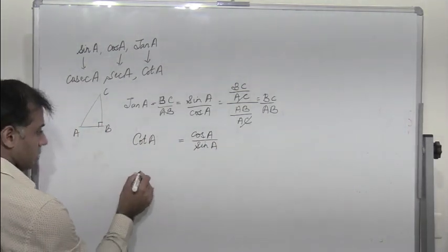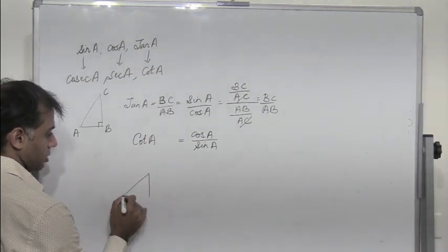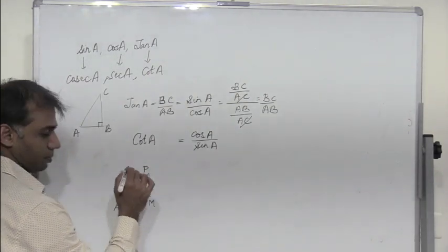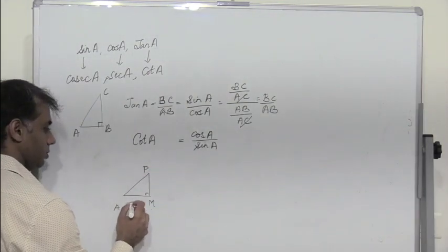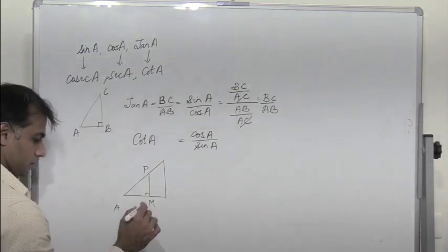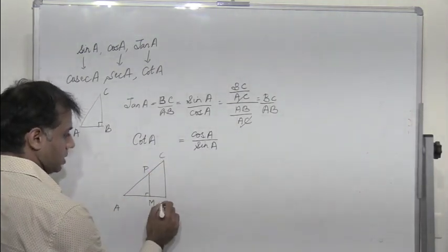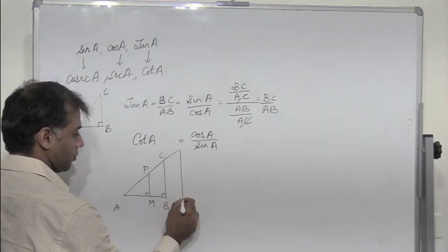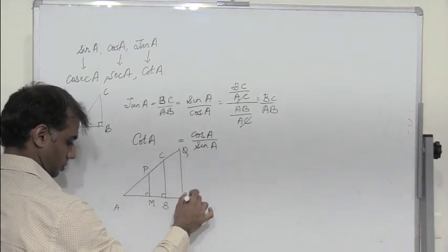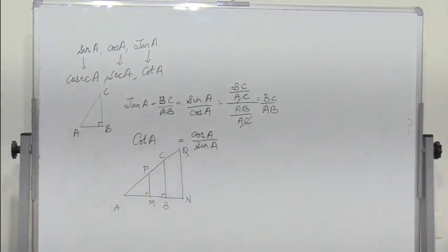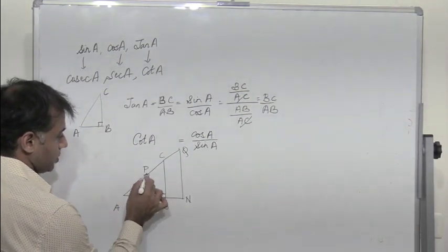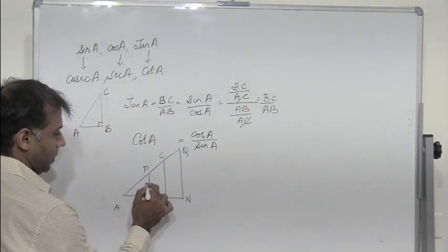Now let us consider a right angle triangle APM. Let me extend this to form another right angle triangle, which is ABC. Extend this to form another right angle triangle AQN. Now let me try to find sin A with respect to the first right angle triangle APM.